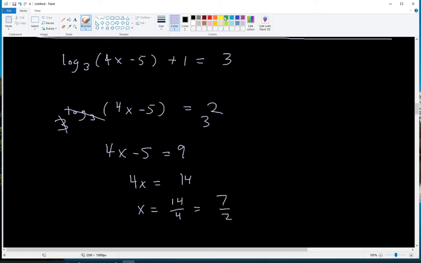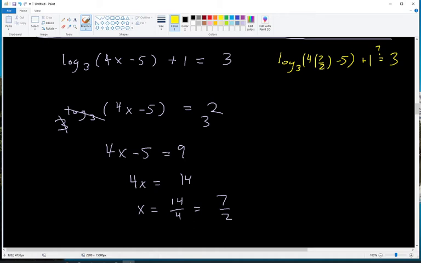Okay, so we think we have our answer here. To check it, we're going to plug back into the original form and see, does the original form with 7 halves replacing the x actually end up being 3?